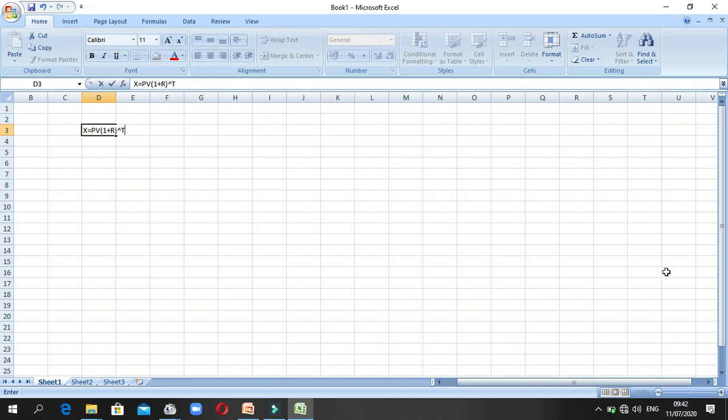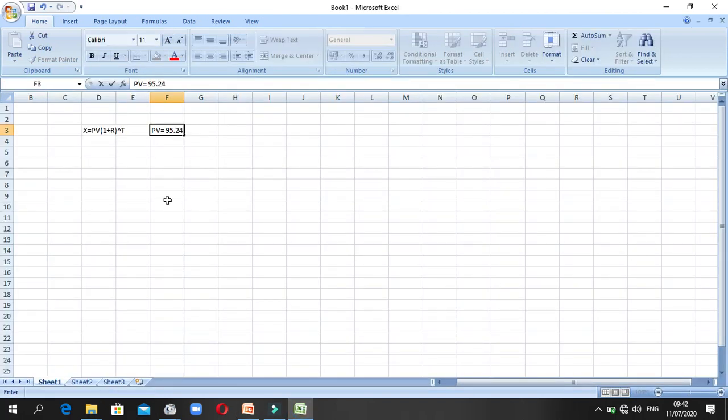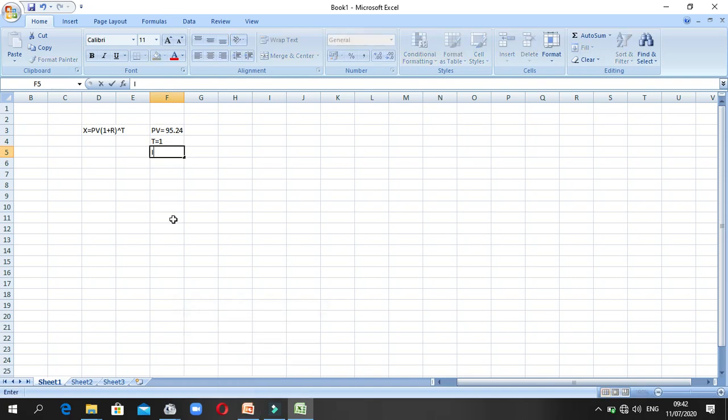I want to zoom, but it is not working. So let us look at how this comes about. Where X is what we want to find, we are given the present value, which is equal to 95.24, and we are given a time of 1 year, and also an interest rate equal to 5%.